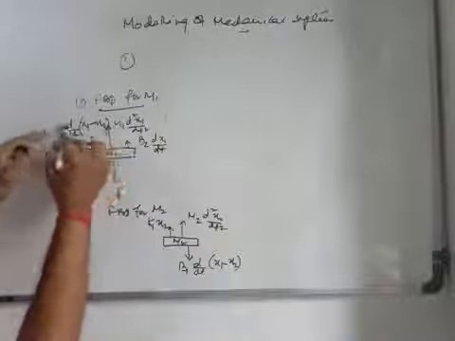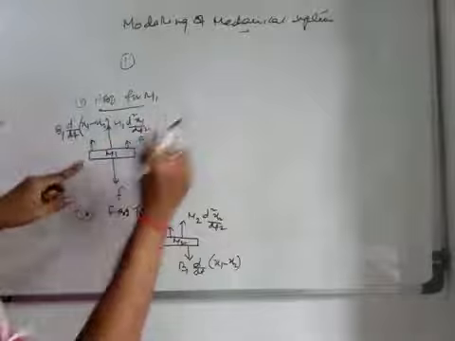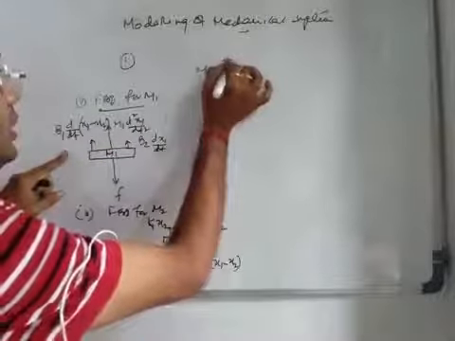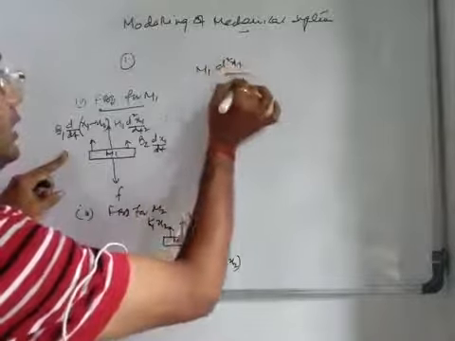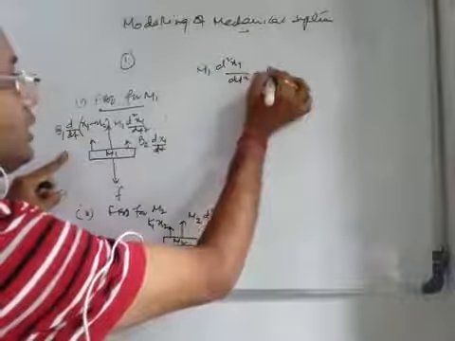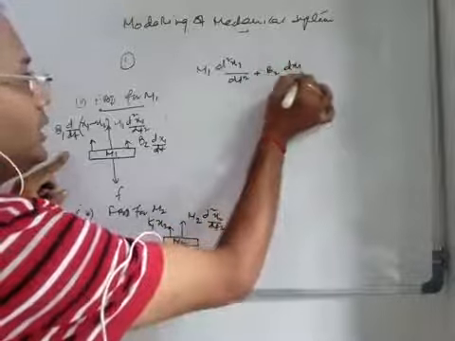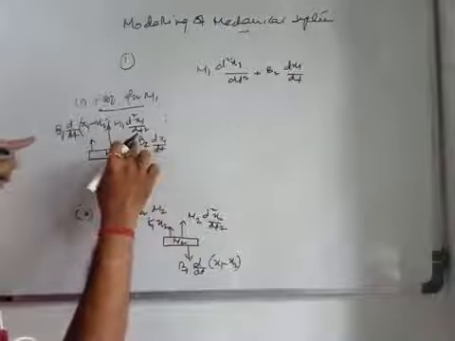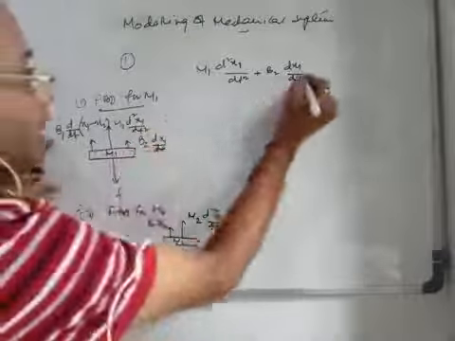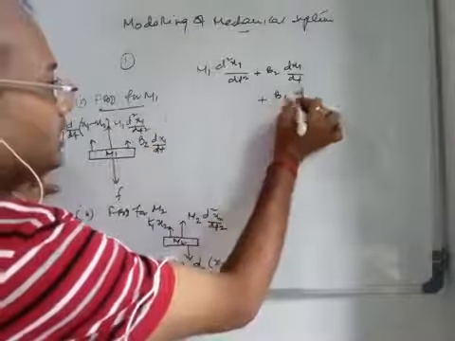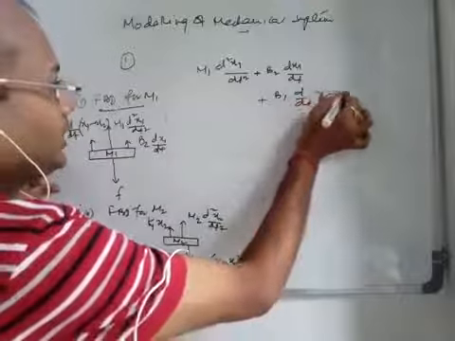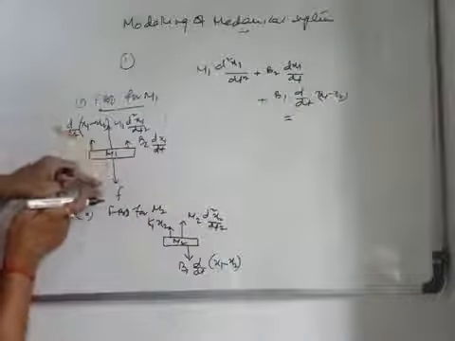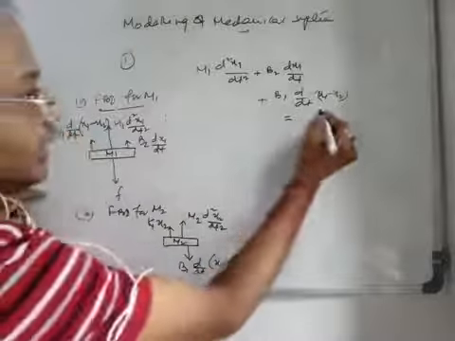What is the outward force in this direction for m1? You see, this is the total force. I can write it as m1 d2x1/dt2 plus b2 dx1/dt. This is the outward direction, plus b1 d/dt of (x1 minus x2), right? That is equal to the force in the downward direction, F.